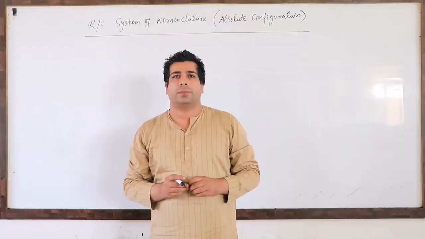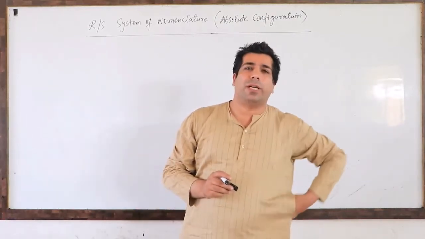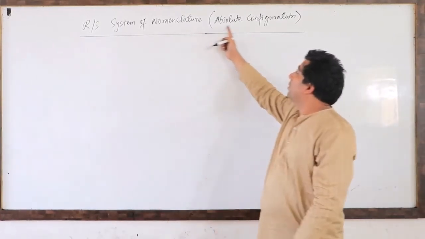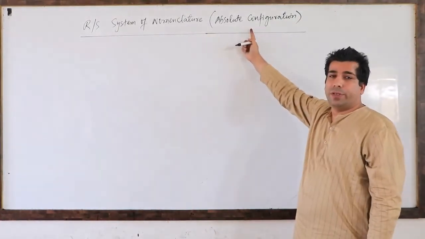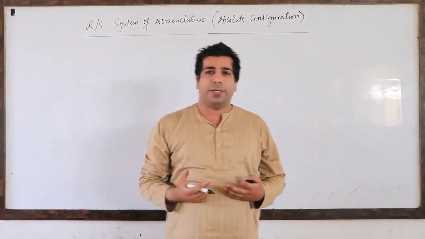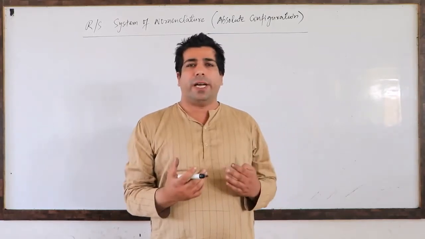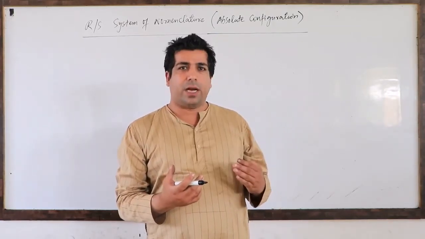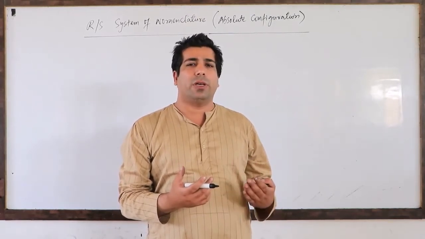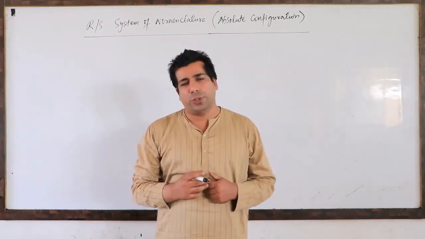Please remember it. My dear friends, let's now discuss the RS system of nomenclature, also known as absolute configuration. So when in an examination there comes a question that you need to find out the RS configuration in a particular amino acid or in a particular sugar molecule, at that time what are you going to do?